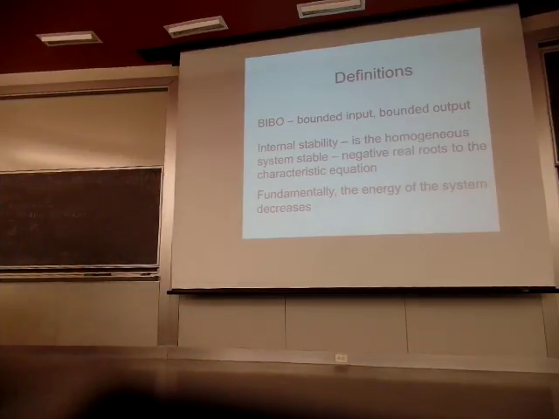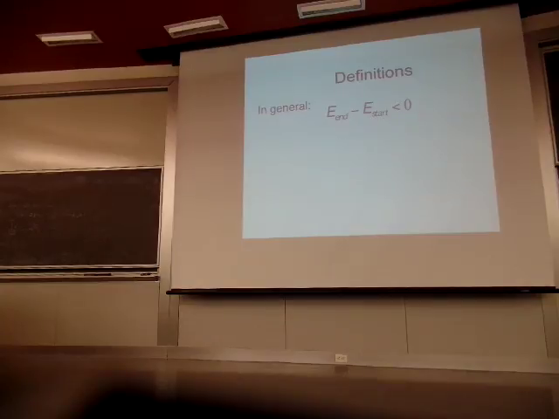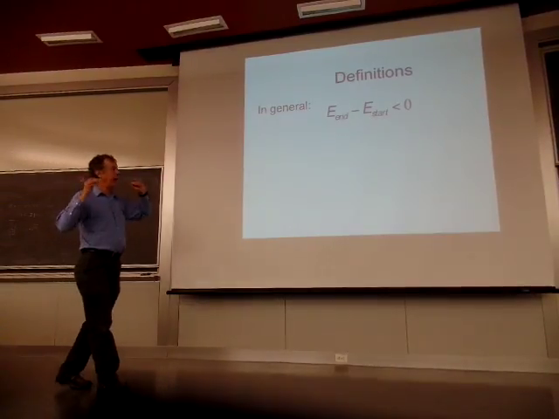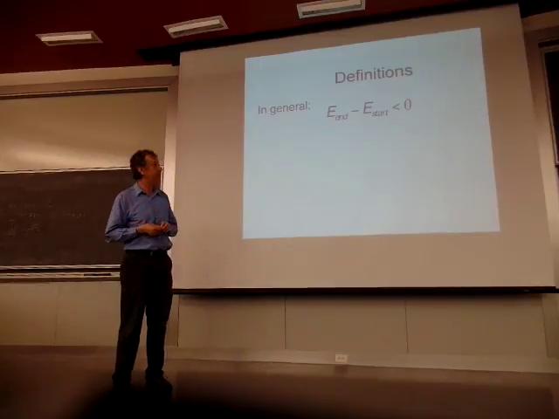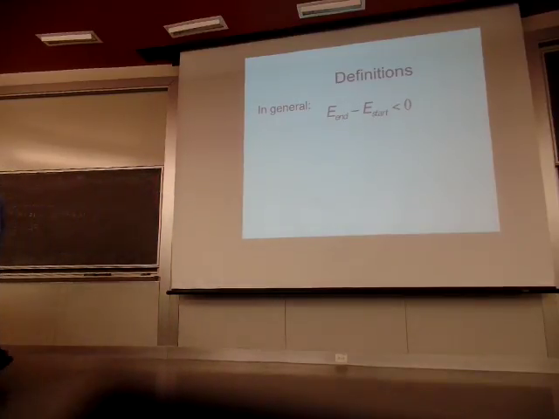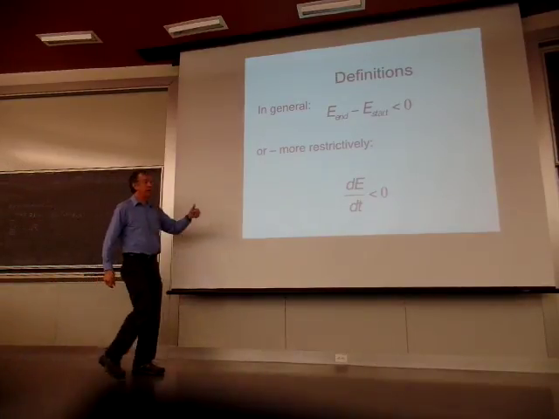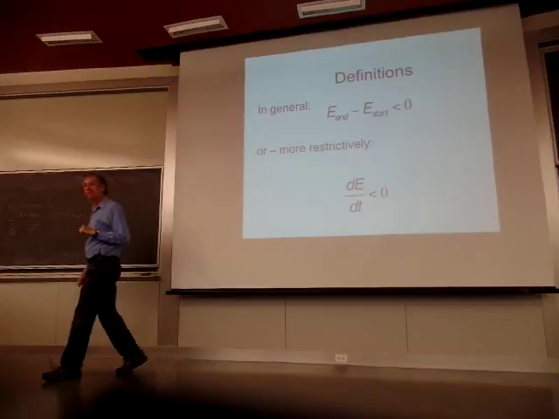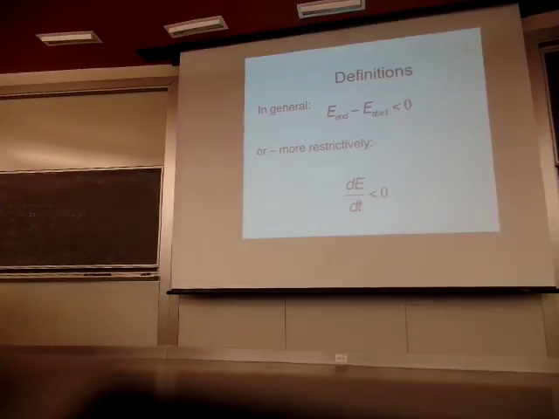So that brings up the idea that the energy at the end of our time minus the energy at the beginning must be less than 0. Or you might say more restrictively, take the derivative of energy over time, we want it to be negative.